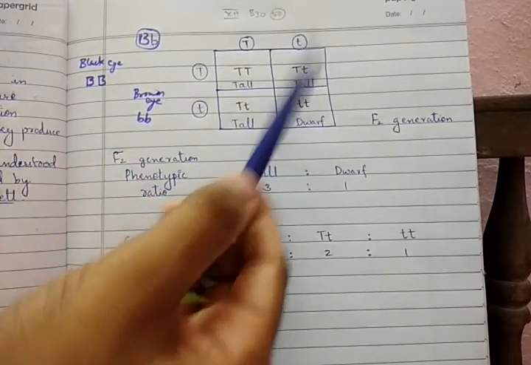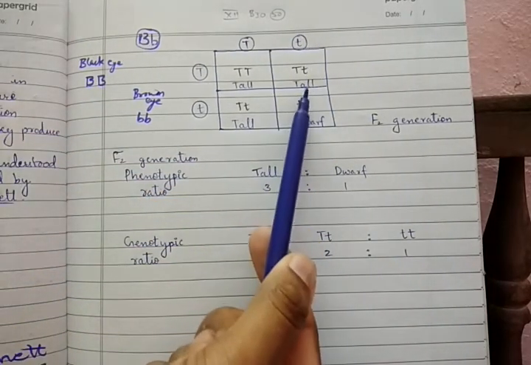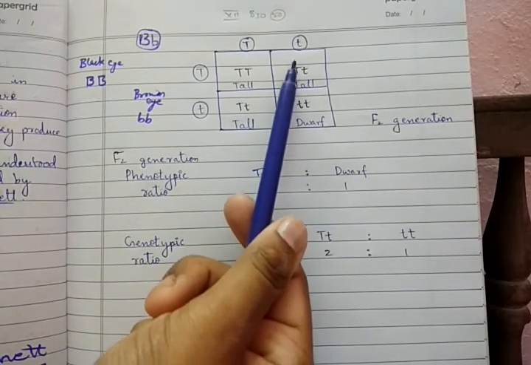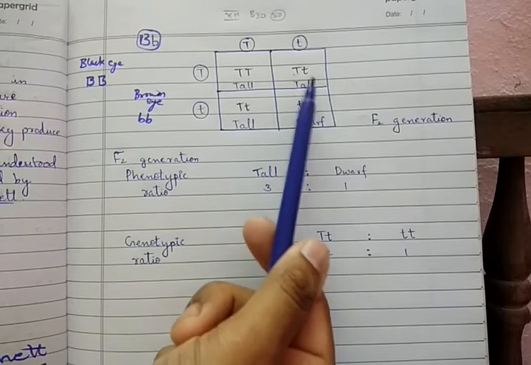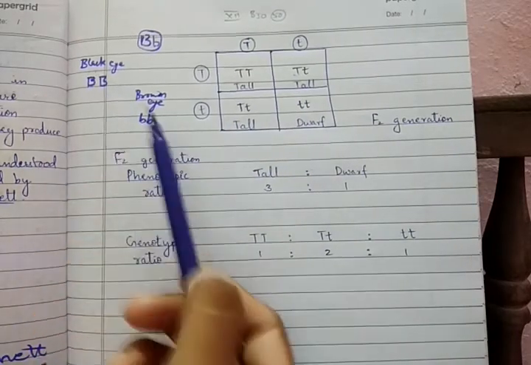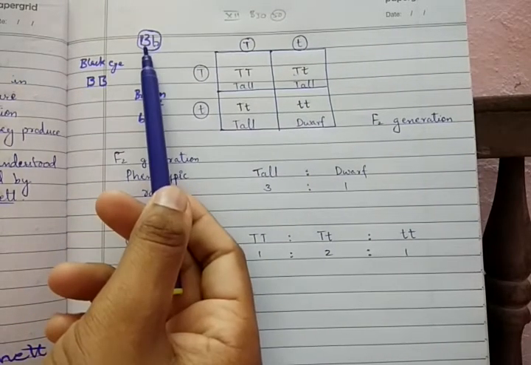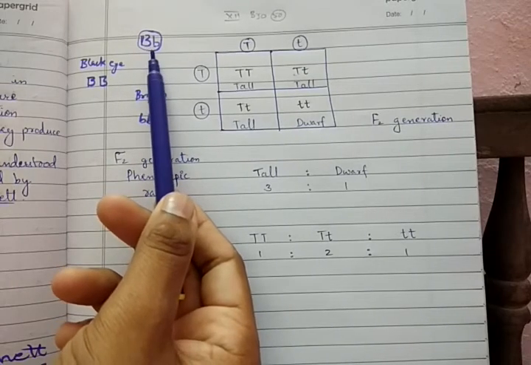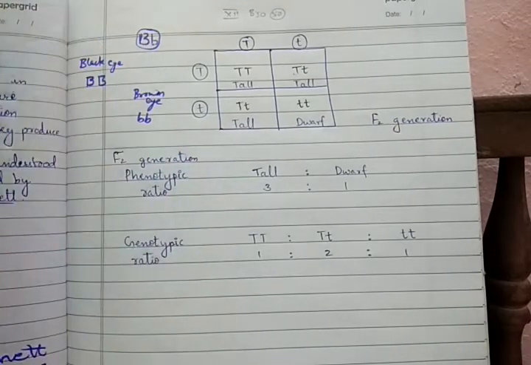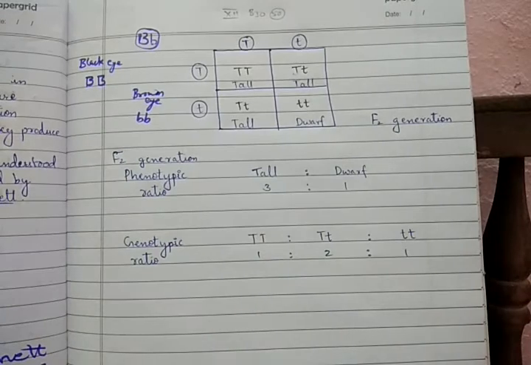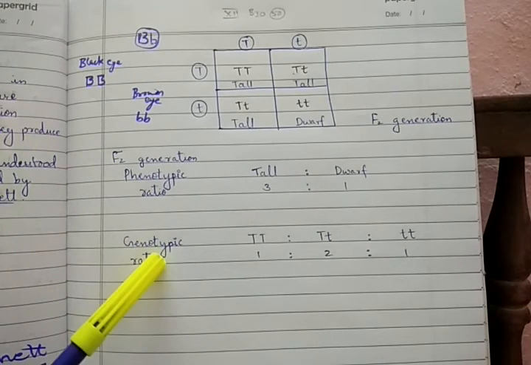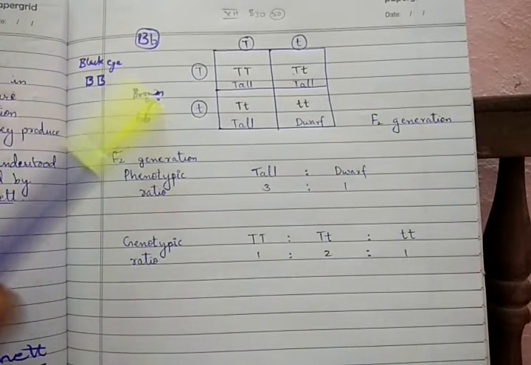We had discussed that the one which has a heterozygous condition always shows the character of the dominant one. Here the dominant one was capital T, and the character was shown as tall. Here the dominant one is black eye, so the character will be black eye for that particular allele. So try to draw the Punnett square, also the method which we had mentioned here, to find out the phenotypic and genotypic ratio of both these crossing processes.